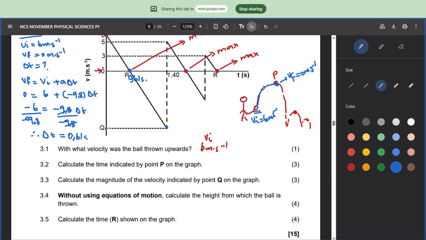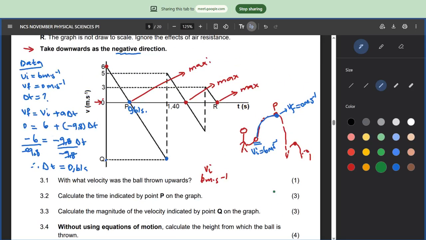Okay. This point here, I want to help you understand how to analyze this graph. In order for you to analyze the graph, you need to understand what is going on here. When they say calculate the magnitude of the velocity indicated by point Q on the graph, point Q is the final velocity where it hits the ground.